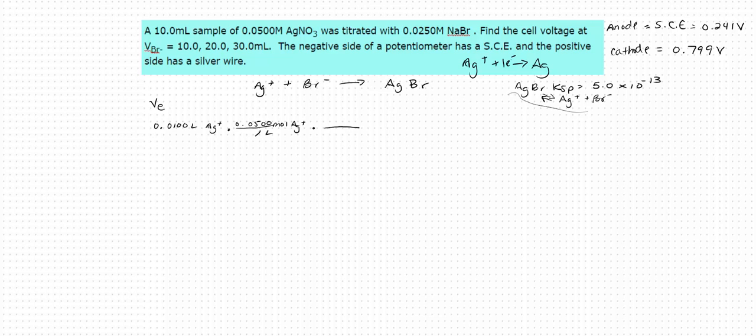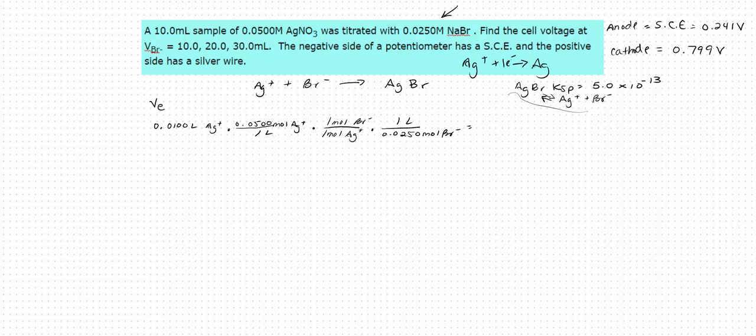Now the stoichiometry of this is 1:1. So for every 1 mole of silver ion, we need 1 mole of bromide to react. Our bromide solution has a concentration of 0.0250 moles per liter. So this is going to give us our equivalent volume.